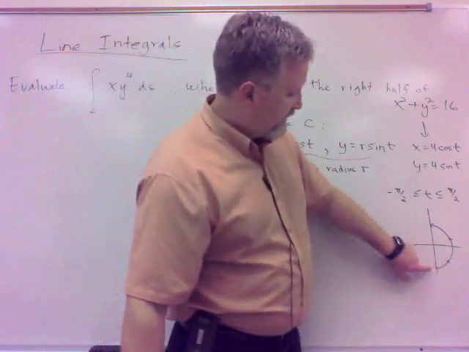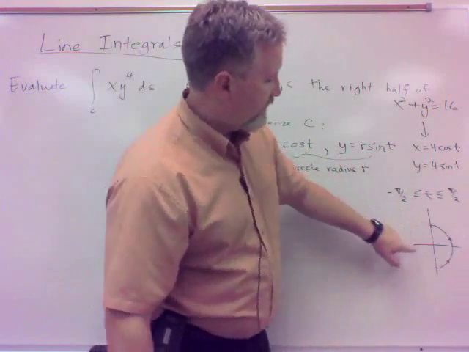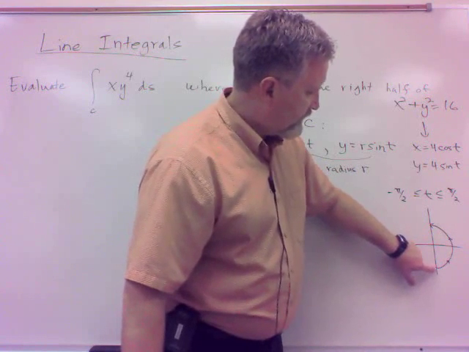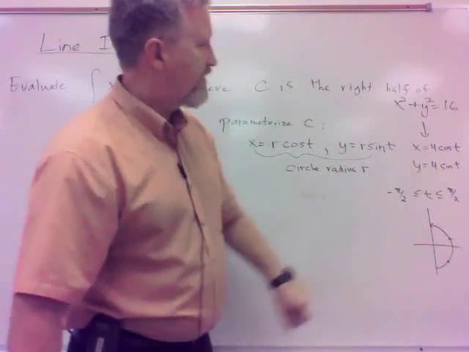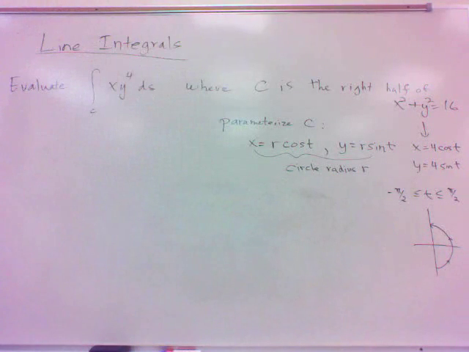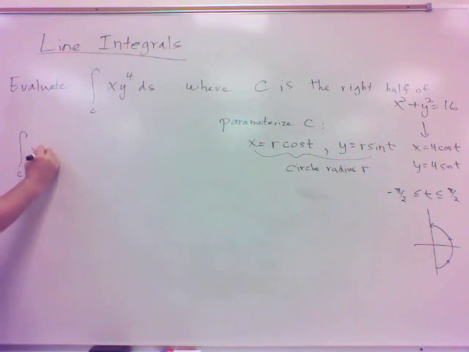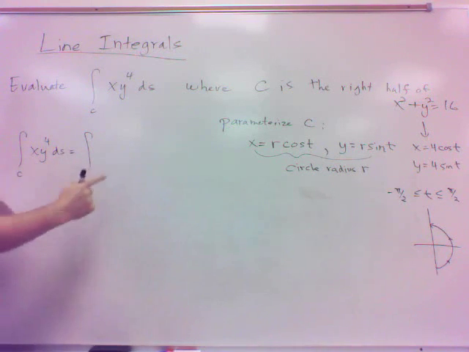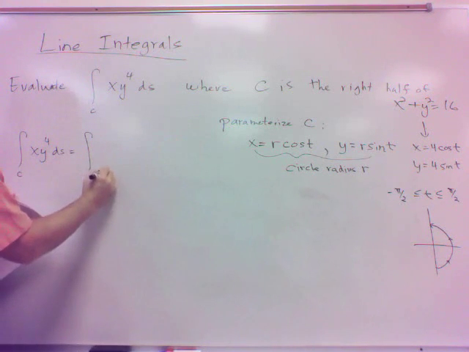So we're defining this going counterclockwise. So negative pi over 2 to positive pi over 2 makes sense. Okay. Well, let's see what that means for our line integral. So we'd go from a to b, negative pi over 2 to positive pi over 2.